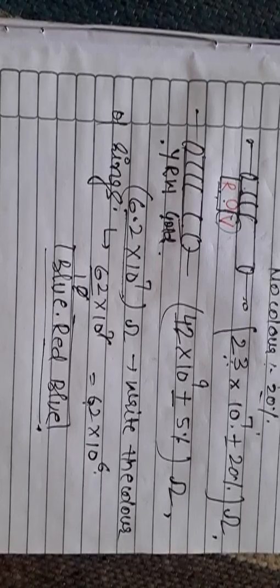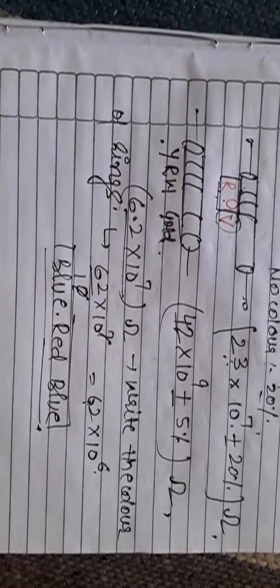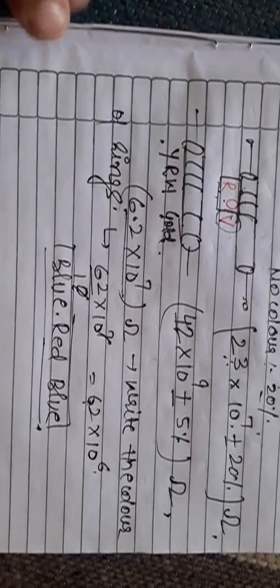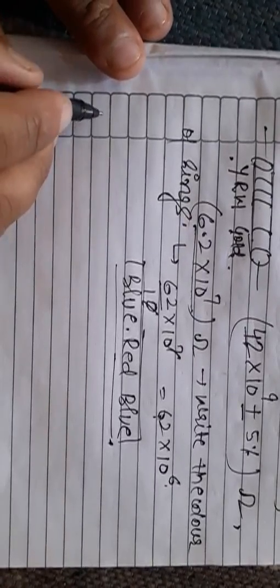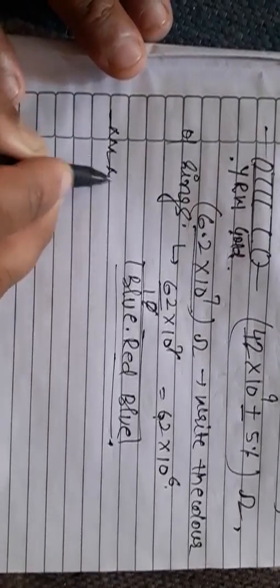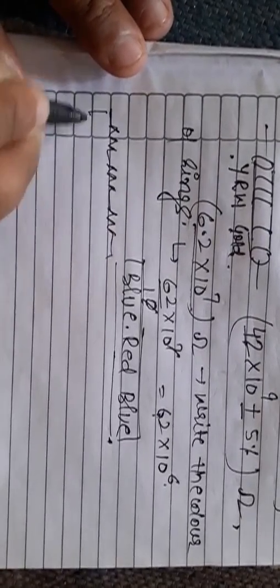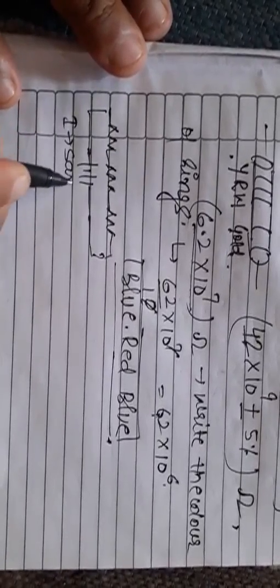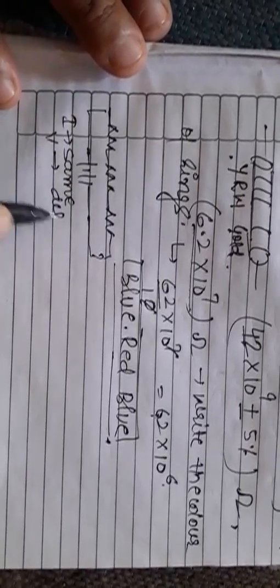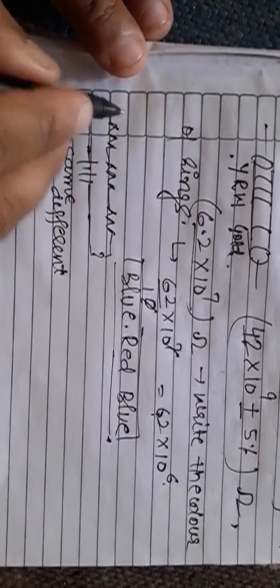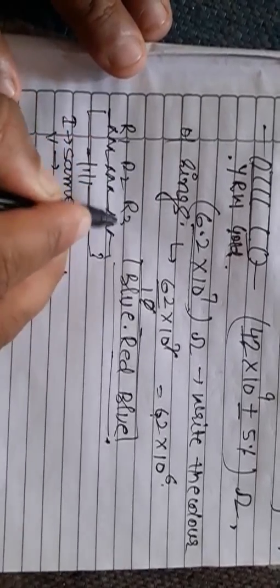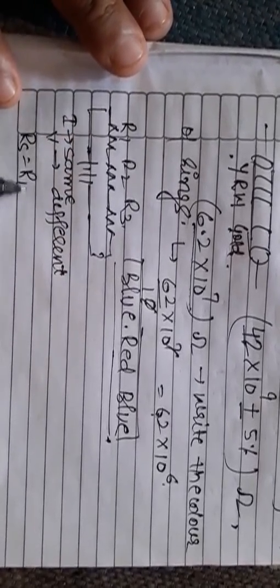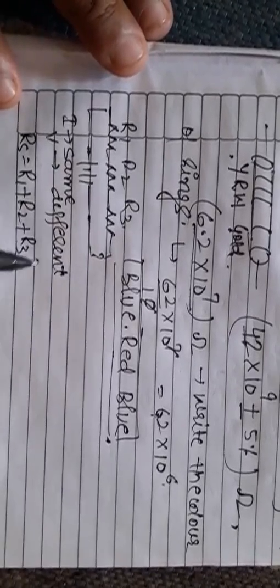So the next topic that comes to my mind is the combination of resistors. Again, in 10th class you have studied that resistors may be connected either in series or in parallel. I will not go into detail. You have studied this in capacitors also. If resistances are connected in series, you have to remember that the current will be the same, but the potential will be different. And if they are R1, R2, R3, the total resistance will be R1 plus R2 plus R3.